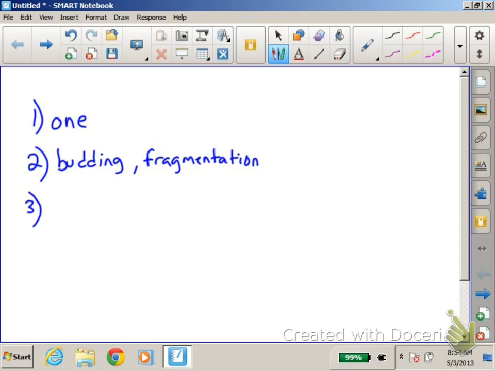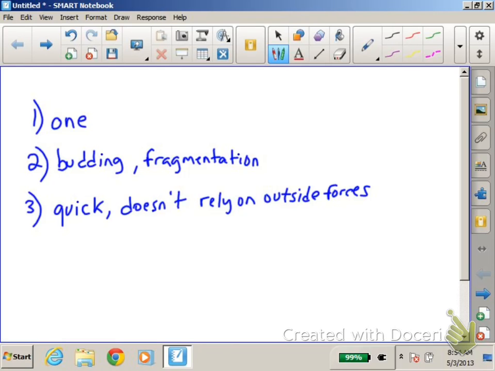Okay, number 3, what is an advantage of asexual reproduction? Well, remember we talked about asexual reproduction being quick, and that it doesn't rely on outside forces like the wind or the water or actually having to find a mate. Okay, 4.